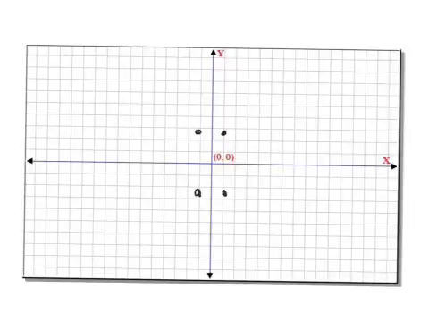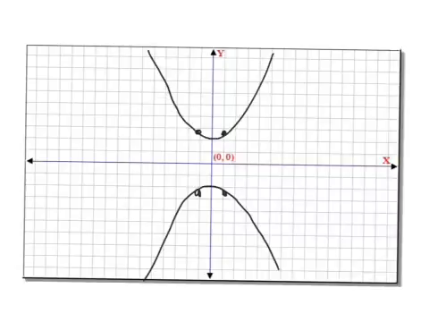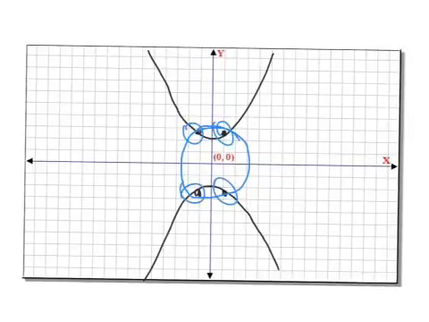So when I graph those two, I'm going to get this, I'm going to get that, and then I'm going to get a circle like that. And those are the 4 points where I'm going to cross.